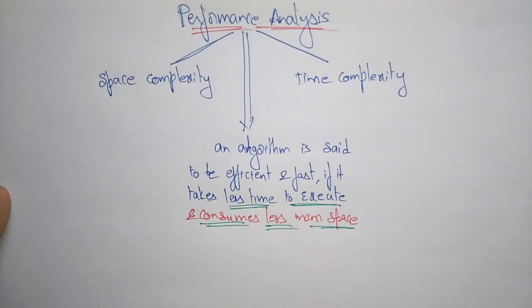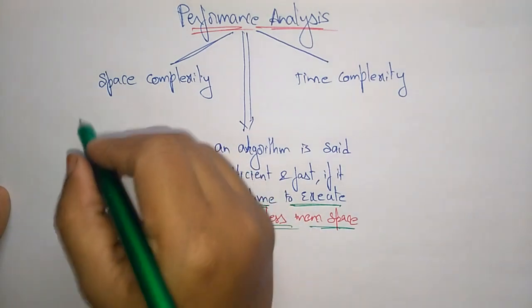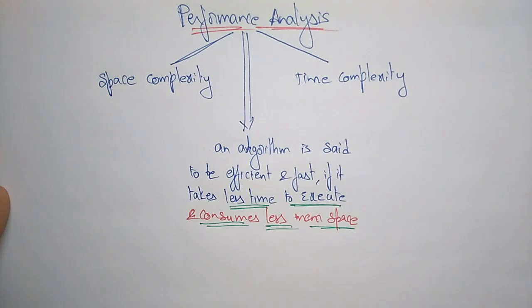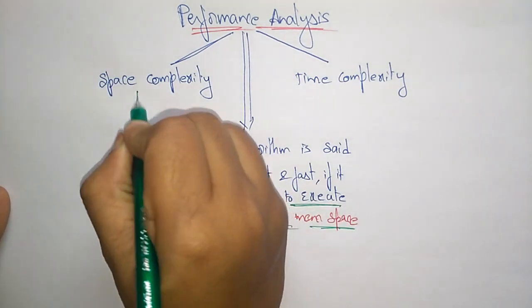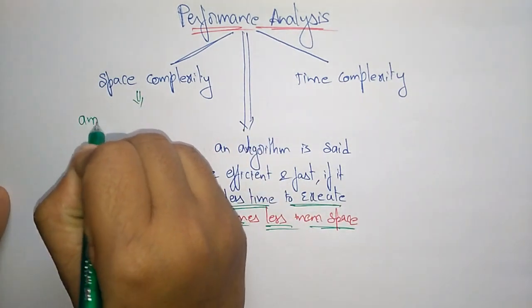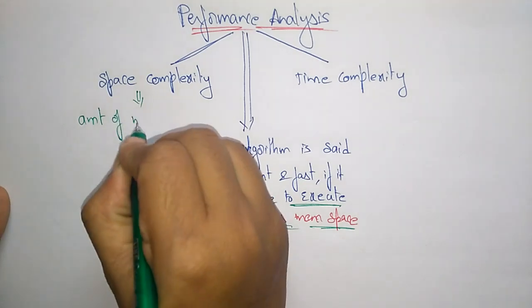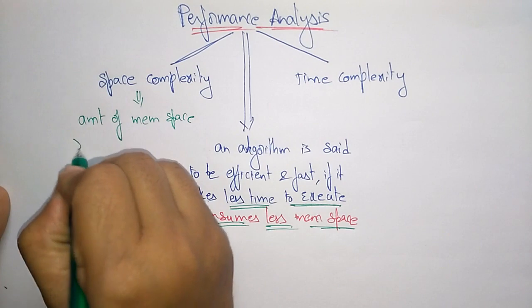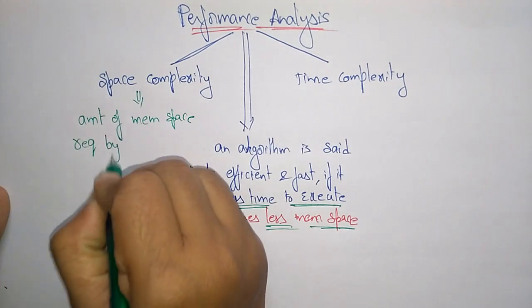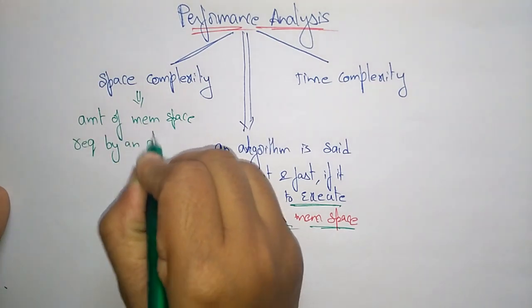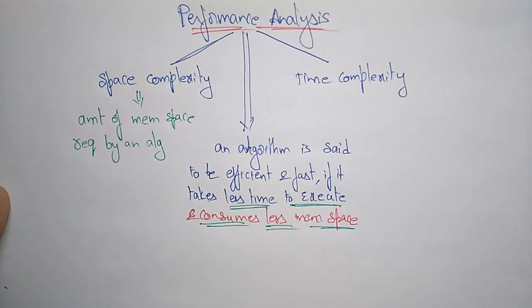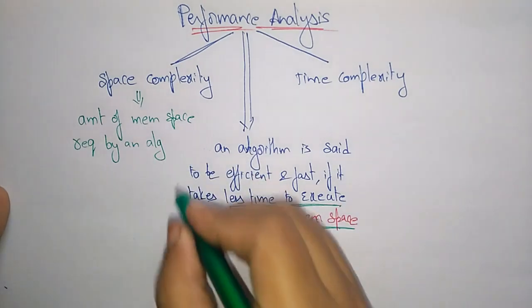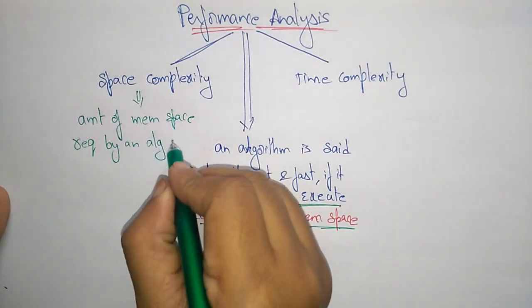The space complexity is nothing but the amount of memory space used. It is measuring the amount of memory space required by an algorithm during the course of execution.